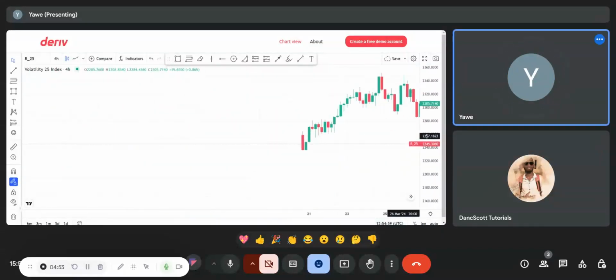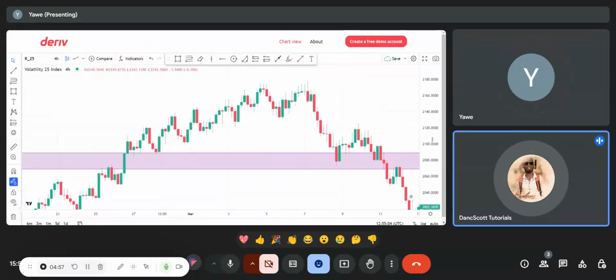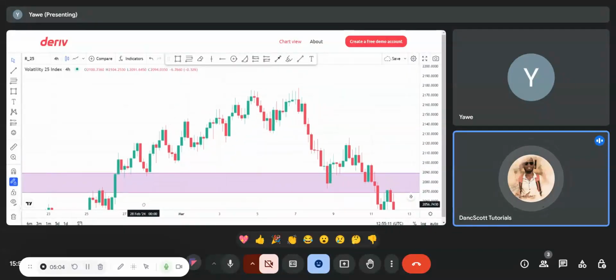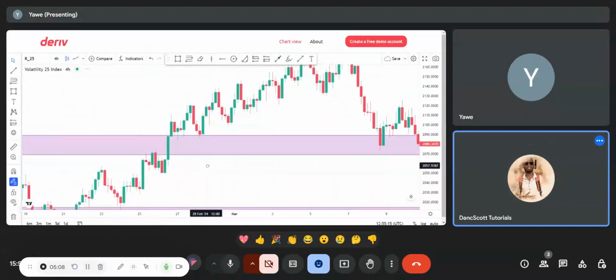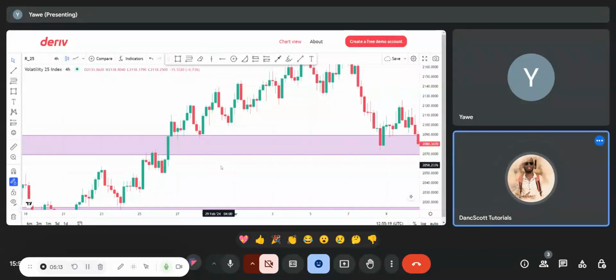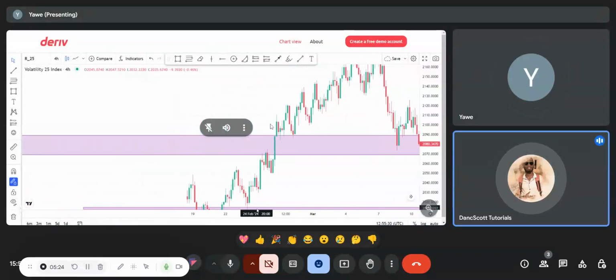Wow. Now you zoom in a bit. I mean zoom out a bit. Use your cursor, the ball on your cursor, to scroll in and out.